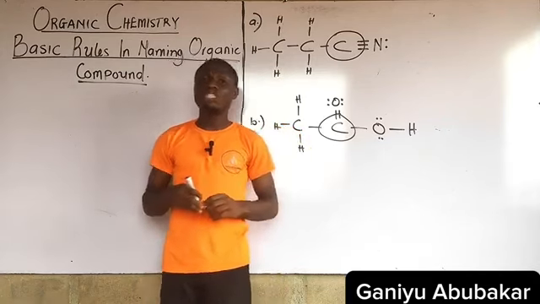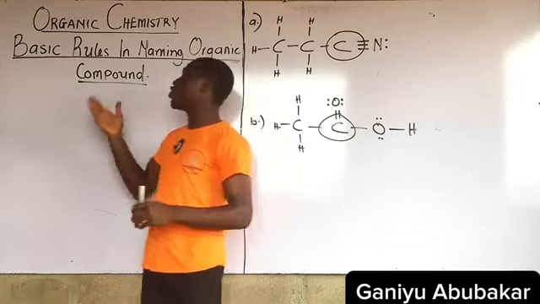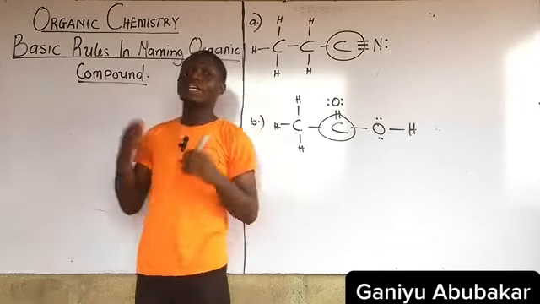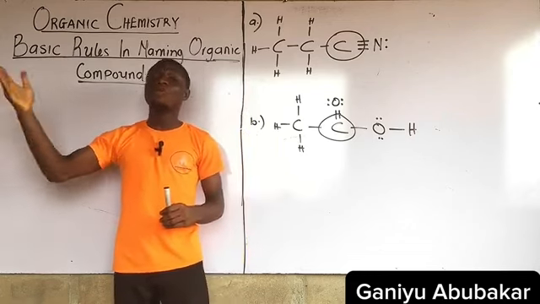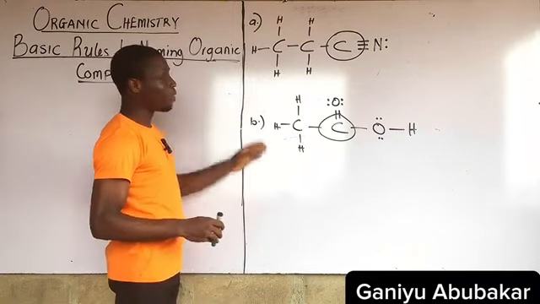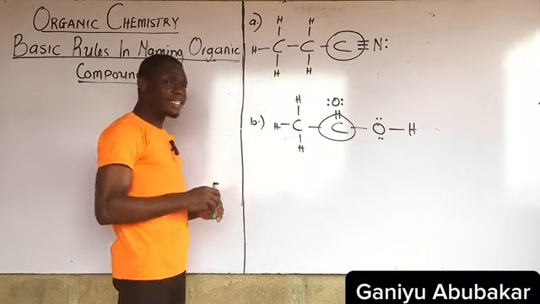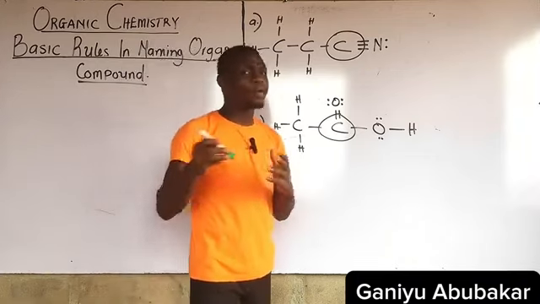For this class, we're considering how to name organic compounds. So we're looking at some basic rules in naming organic compounds. Before we dive into the basic rules, let's discuss these two examples here. Last class we discussed something very important called sigma and pi bonds.